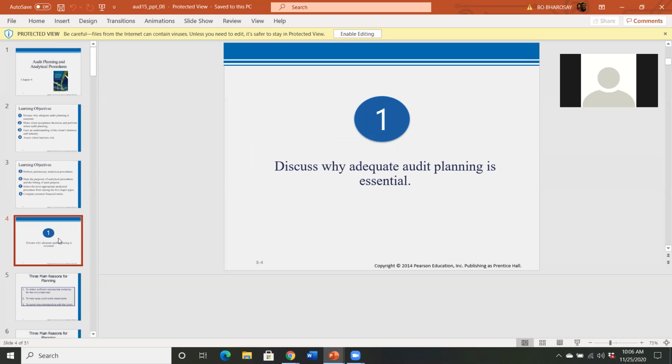Why adequate planning is essential. Think of this. You decide to enroll in your college to get a Bachelor of Science degree in accounting. You plan to spend 4 years or 6 years or whatever the case may be, and at the end, you'd like to come out with a BS degree in accounting.